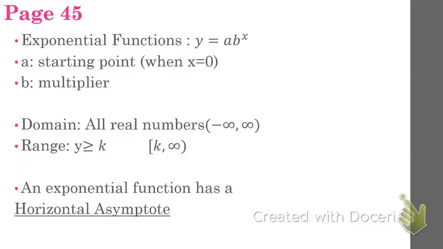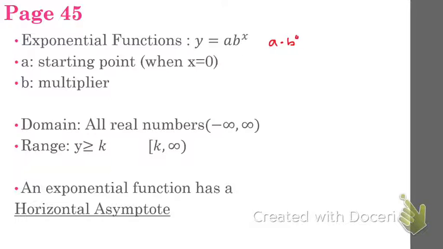And a is what we're going to call our starting point. And what we're looking for to have a starting point is when x equals 0. Because if we have a times b to the 0, that's really messy, hang on. A times b to the 0.